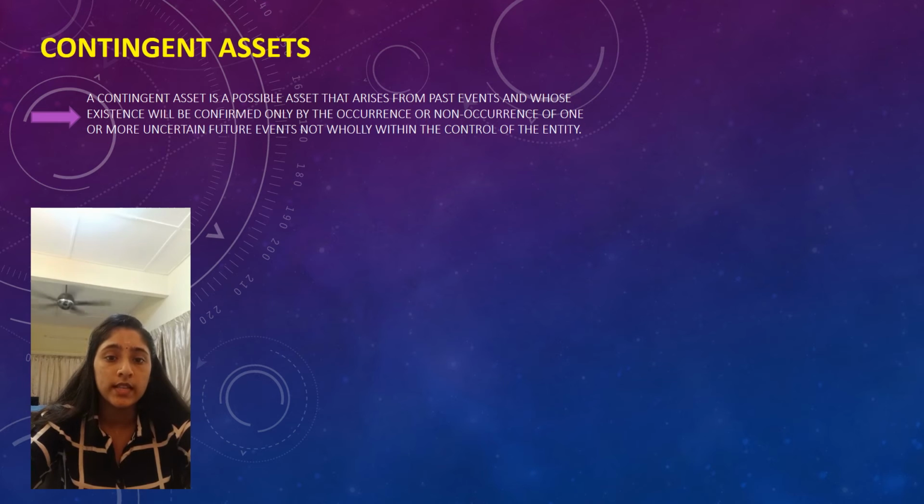A contingent asset cannot be recognized as an asset even though the gain is probable and reliably estimated. The contingent asset should only be recognized when it is certain or virtually certain. It is disclosed, but care should be taken to avoid misleading information regarding the likelihood of the gain.